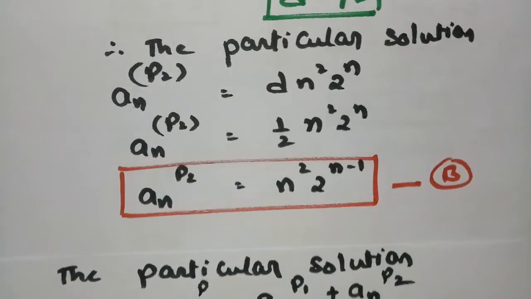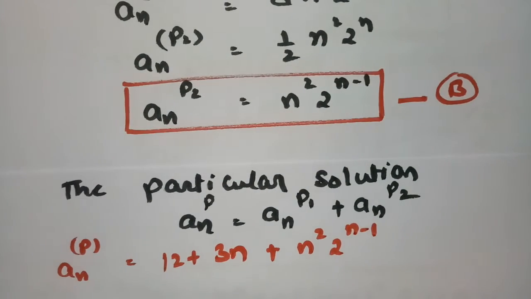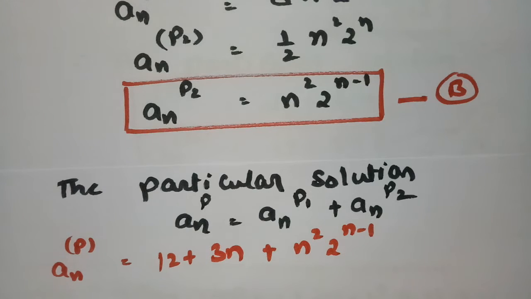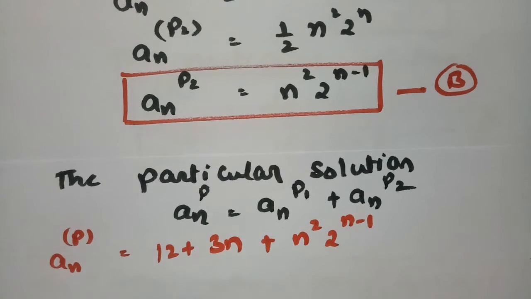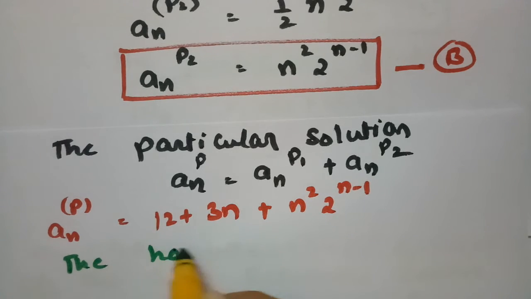And the second particular solution here is n square into 2 power n minus 1, and the homogeneous solution here will be, see, the homogeneous solution. First we did the homogeneous solution.